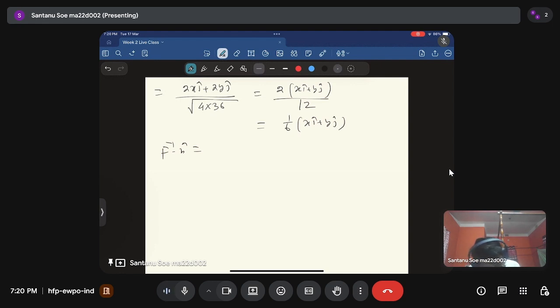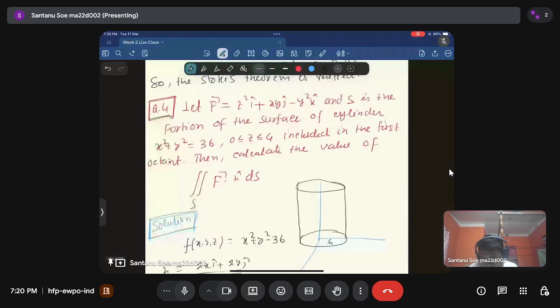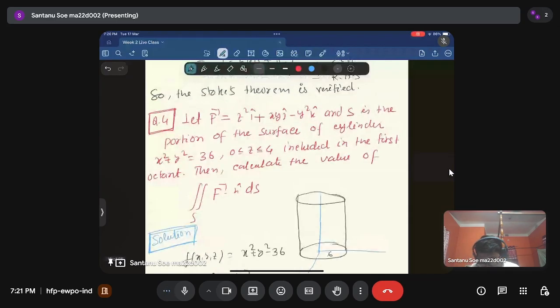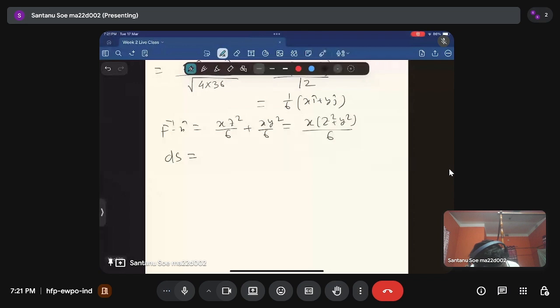And our dS is, so now here we can see that we cannot take projection onto the xy plane because there is no k component on it. So then our dS will be undefined. So that's why we'll be taking projection onto the yz plane. So this will be dy dz by n dot i, which is just dy dz by x by 6.